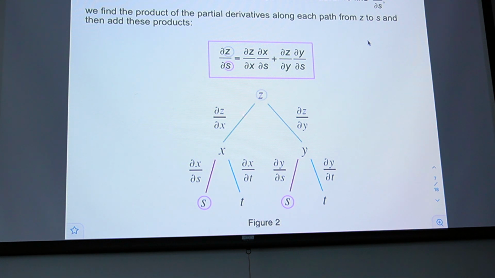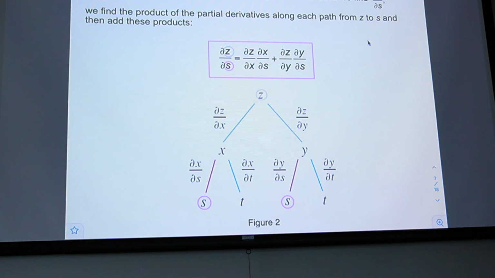You just go down this path to get to s. So it will be partial z, partial x times partial x, partial s. Then you go down the other route here, so partial z, partial y times partial y, partial s. And then we add them together.